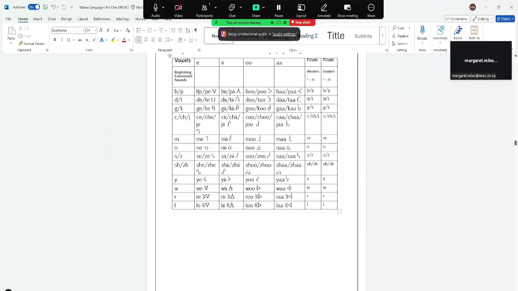And when you look at the consonant sounds, you could see the dot on the top. That's for the long vowel sound. So ba, pa. See the dot on the top on the syllabic.